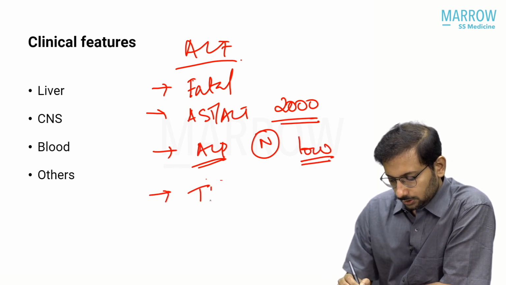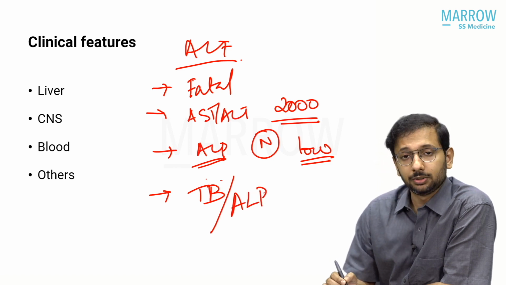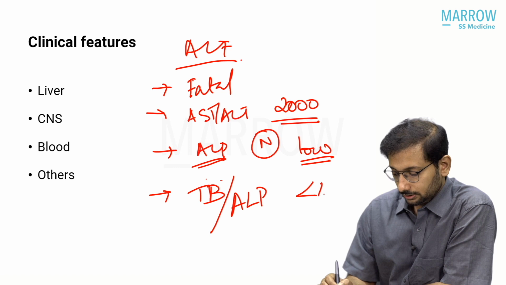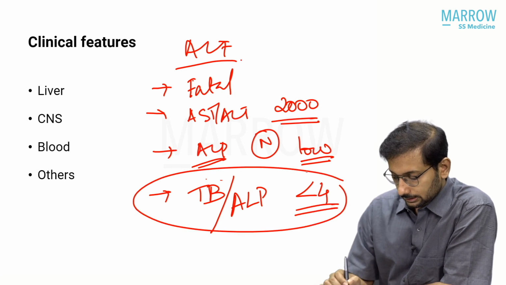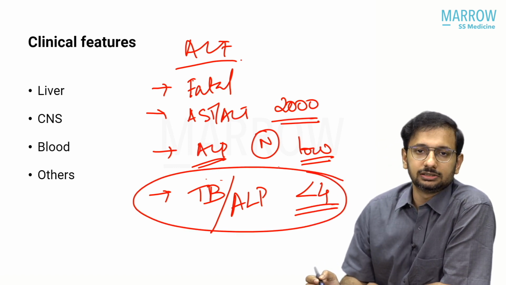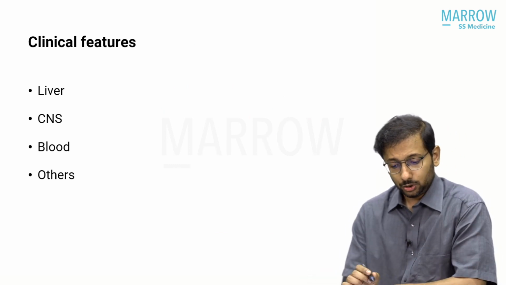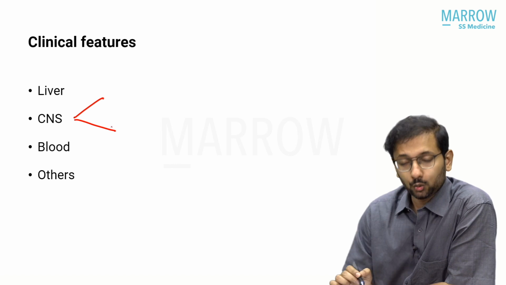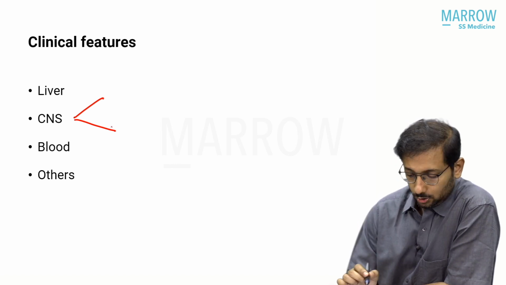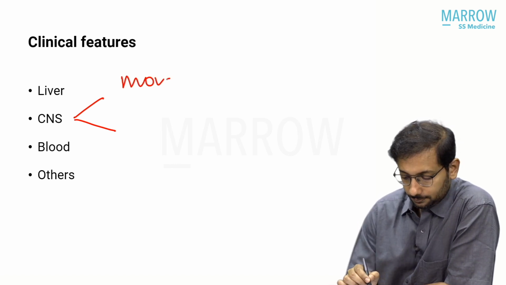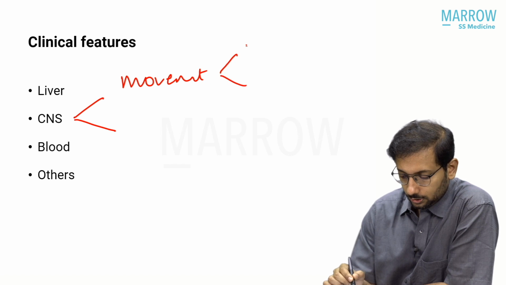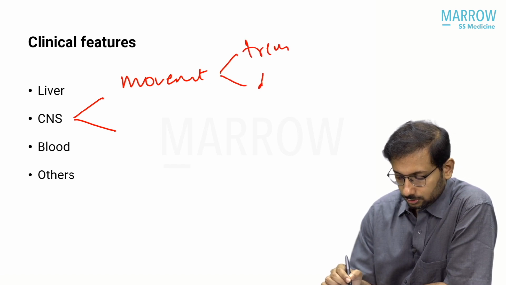So that is taken into consideration where you have a value when you divide bilirubin by alkaline phosphatase, which should be less than 4. This marks a poor prognosis in Wilson's disease ALF. With respect to CNS, you can have majorly 2 types of manifestations. One is a movement disorder with respect to tremors and dystonia.